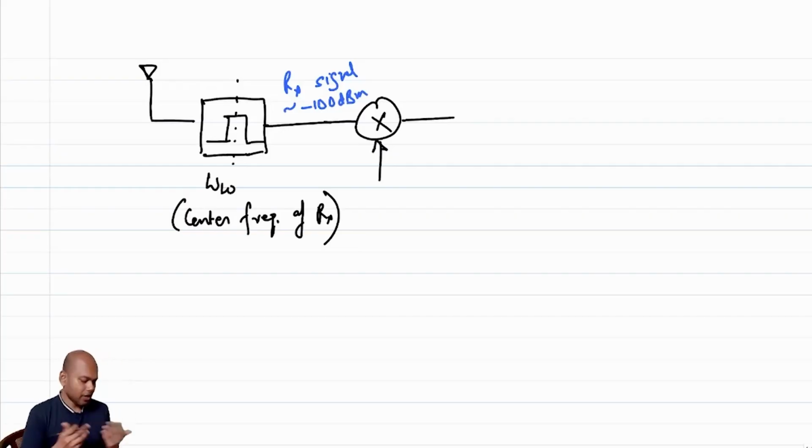You can do a quick calculation to figure out what minus 100 dBm translates to in terms of signal.